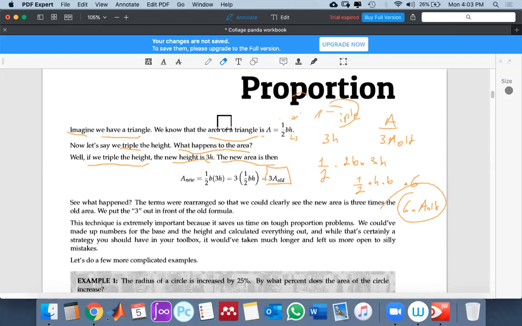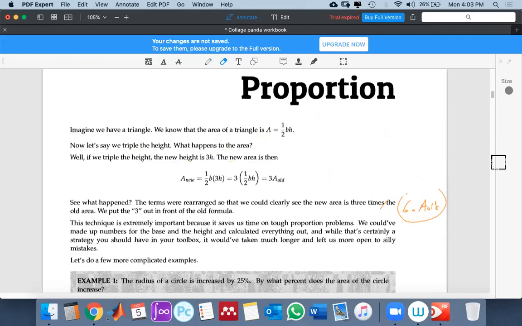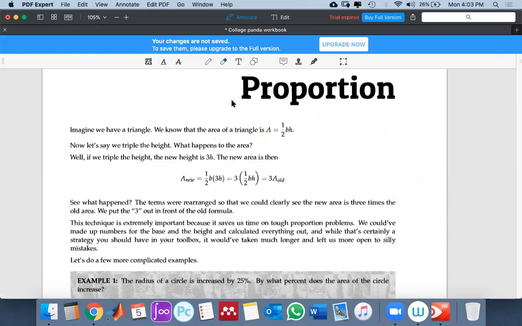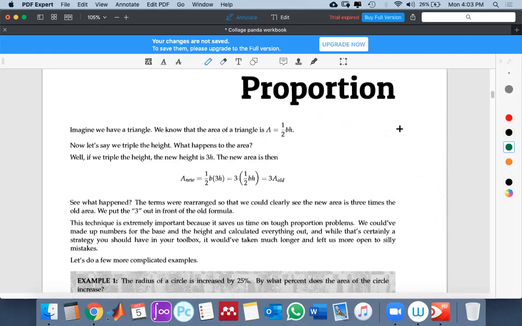So what we see here is that the constant numbers, which is here 1 over 2, never change the overall area. Depending on the variables, results change.